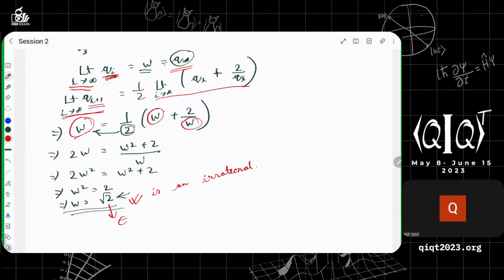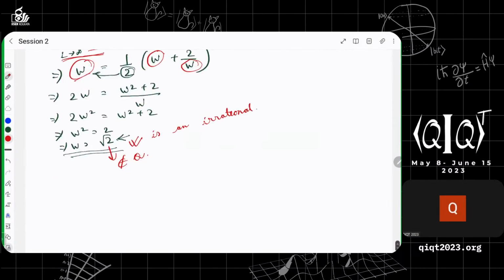So this does not belong to the set of rational numbers, right? So there is at least one Cauchy sequence, this one, where the limiting point does not lie inside the set of rational numbers. We can say that Q over Q, this vector space, is not Cauchy complete.